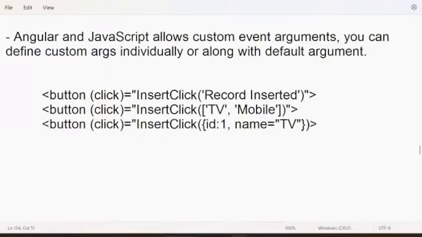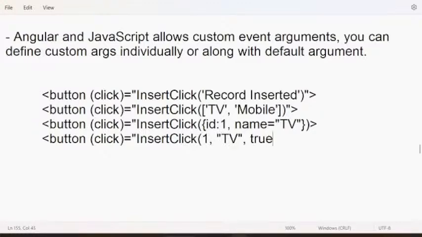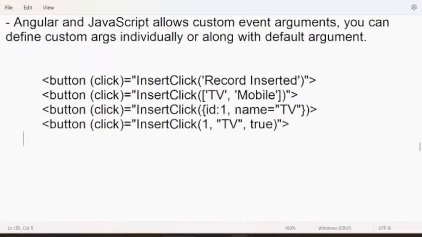You can send multiple event arguments. That means on click here, you can send insert click, and inside insert click you can send 1, you can send TV, you can send true, like this. You can send these arguments along with the default arguments also.